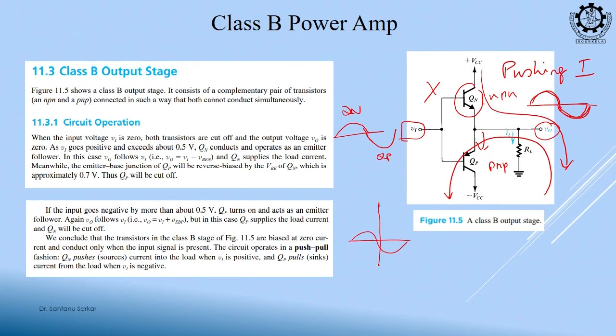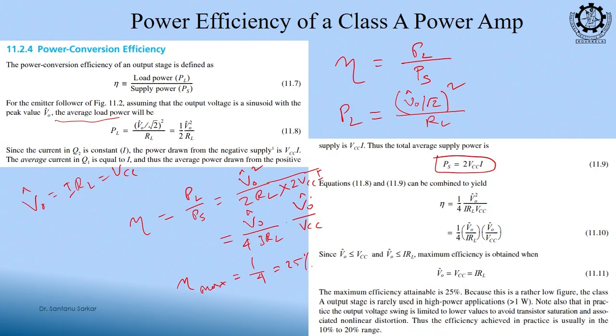But you see the region of operation is only 180 degrees for each transistor. For the positive 180 degrees, which one is operating? Qn. For the negative 180 degrees, which one is operating? Qp. Previous case it was not so.